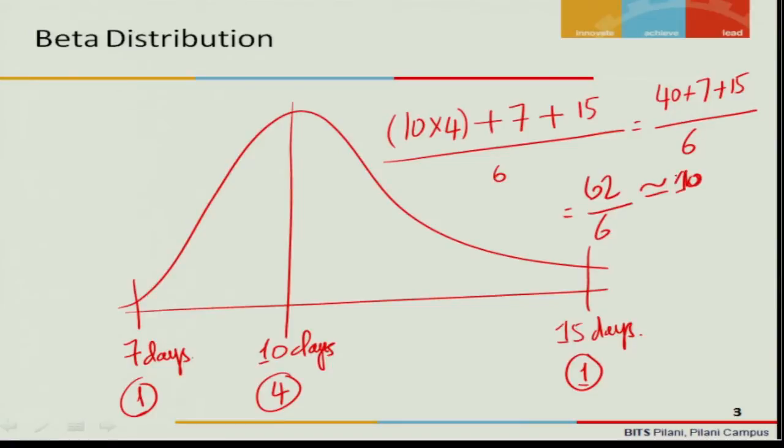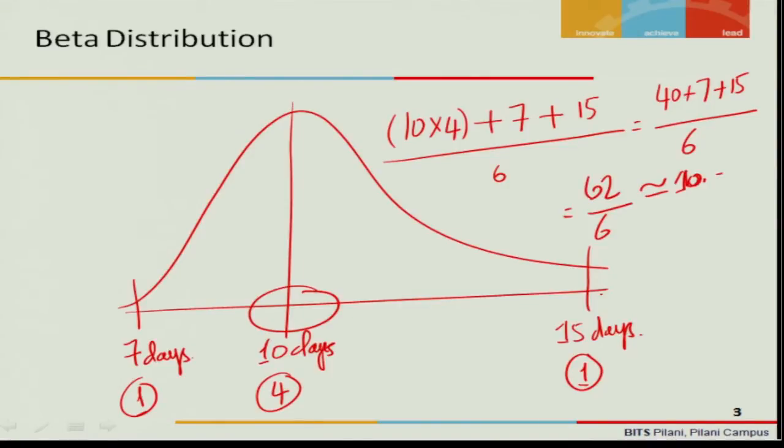You will normally find 10 point something. The standard time you arrive at will be towards the center, because you are giving the maximum weightage of 4, and this whole spread is 6 sigma. This way you find the standard time using the beta distribution.